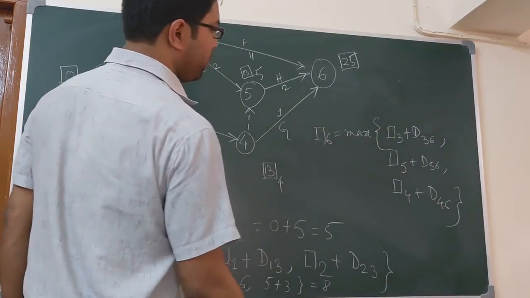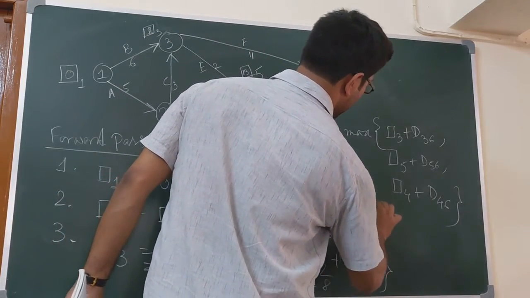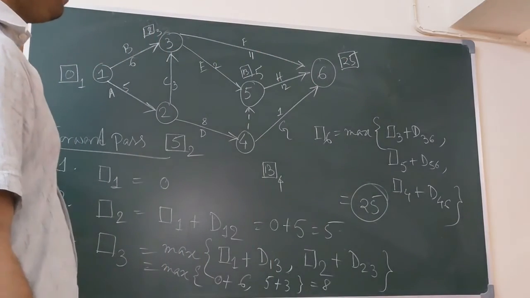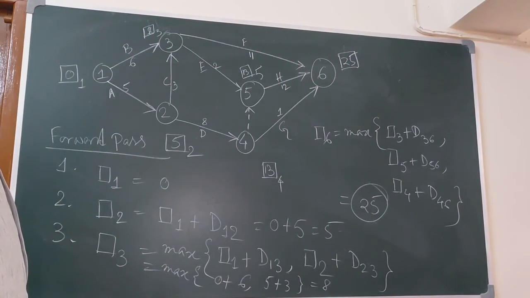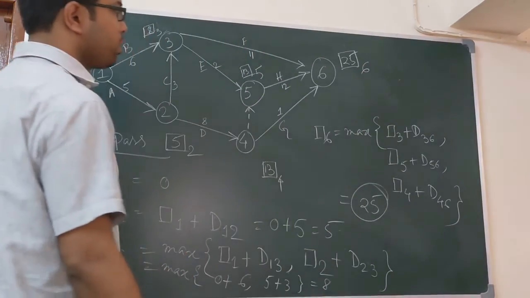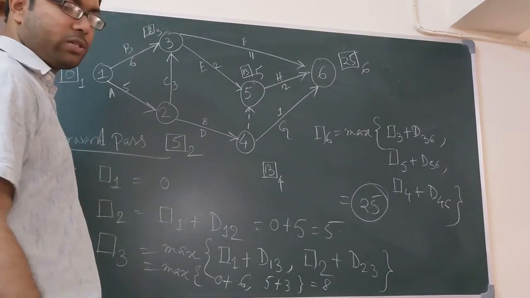Among these 3, which one is the maximum? 25 is the maximum. So box 6 is 25, the earliest occurrence of event 6.